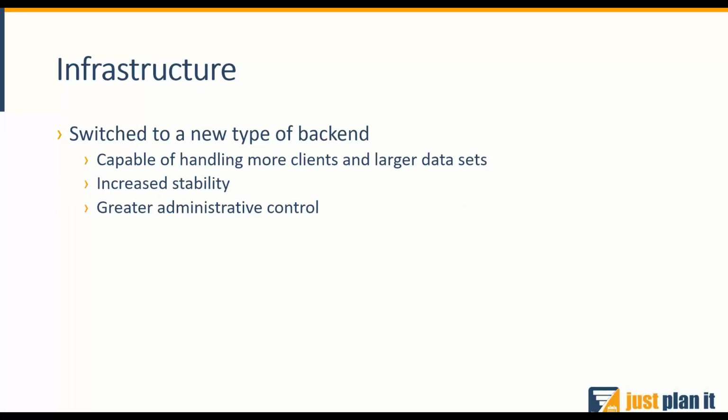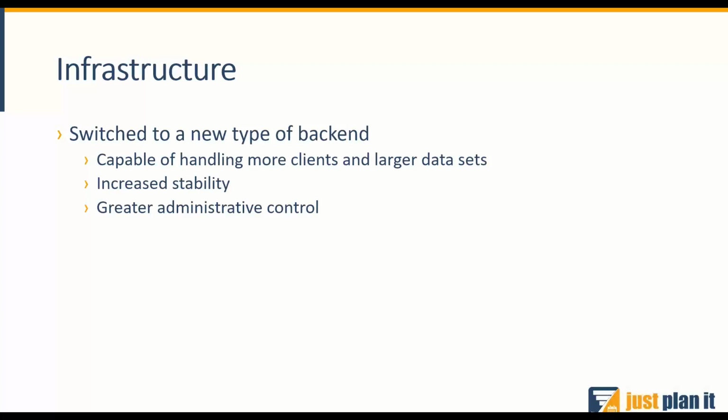We also changed our infrastructure, and that was necessary because our old infrastructure was a managed system, prohibiting us from using all the available resources for scheduling. So we increased our performance by switching the way our backend is hosted.